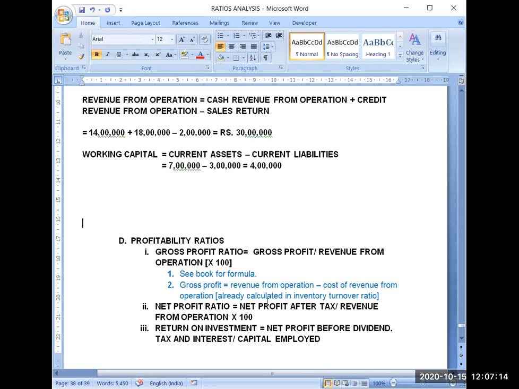If you do proper practice of these topics, only then you will be able to calculate. I told you that day there are about 200 to 300 questions. If you solve all the numericals, all the illustrations, and all the unsolved questions, all the exercises given in the book, only then you will be able to attempt the questions properly in exams. By then you can also practice past question papers that have come in the board exams. You can download them from the internet.